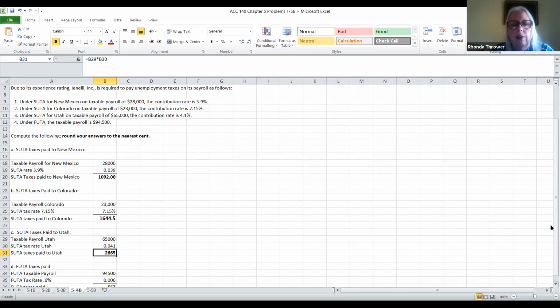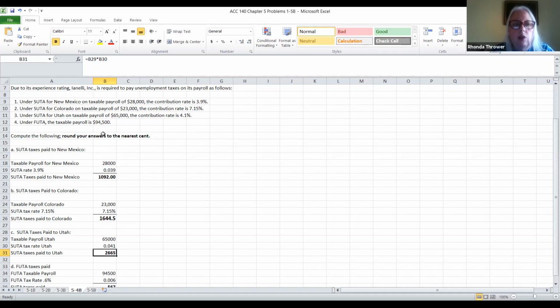We're going to take $65,000 and multiply it by the state of Utah's rate, which is 0.041 or 4.1%. And the amount of unemployment taxes that we pay to Utah is $2,665. And then in the last scenario, they want to know the federal unemployment taxes that this particular company is going to have to pay.